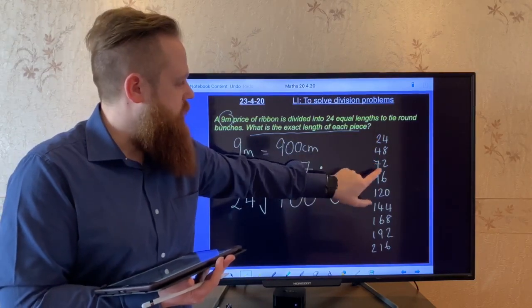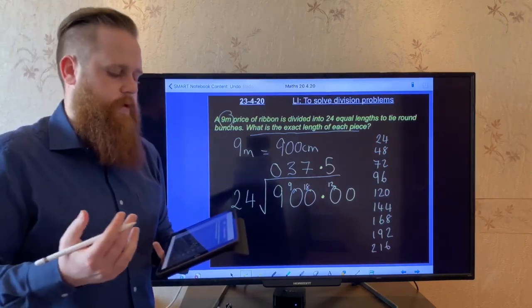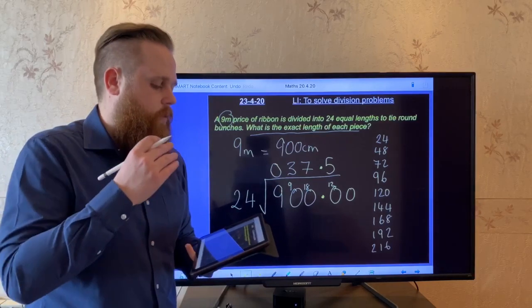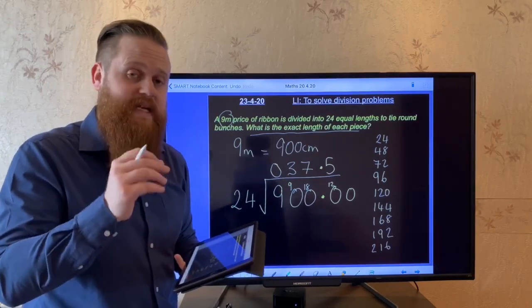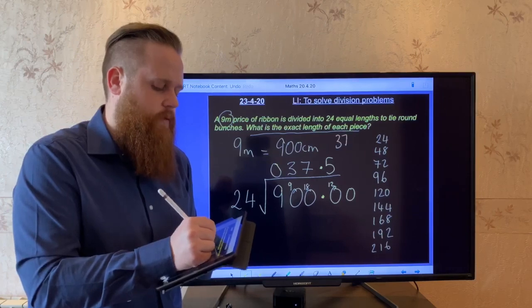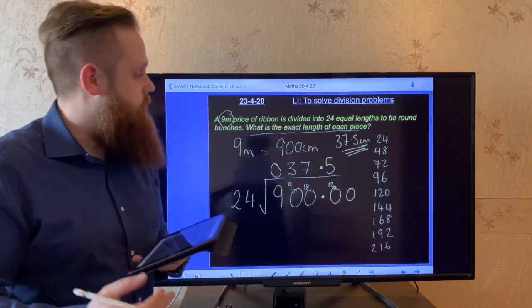Perfect. 1, 2, 3, 4, and 5. There we go, there's nothing left. All done. So my answer, how long is each piece of ribbon? Well, each piece of ribbon is 37.5 centimetres long. And there is my answer.